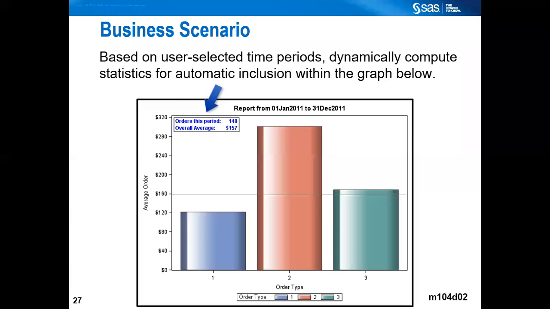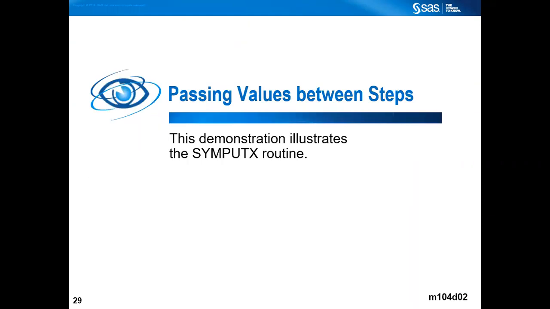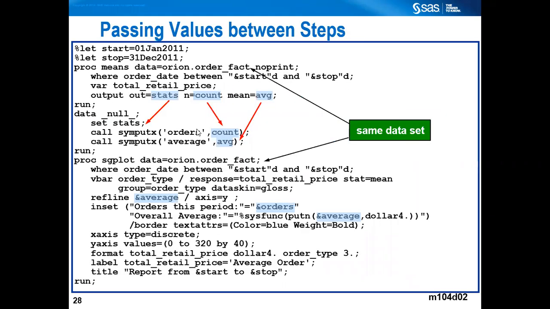So it's telling us, based on user selected time periods, dynamically compute statistics for automatic inclusion within the graph below. So it's a legend showing in your graph what the period is, that means how many orders have been placed in that given period of time, and the overall average. So again, it's the same thing, a way of dynamically creating a macro variable. Now we are creating these two macro variables first in a data step with _null_. Why?